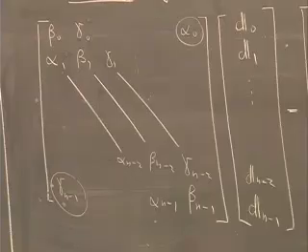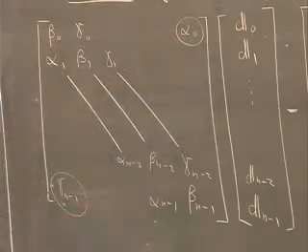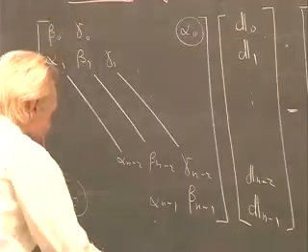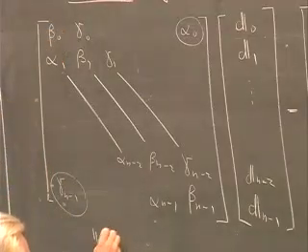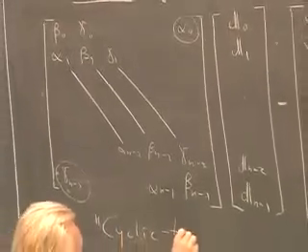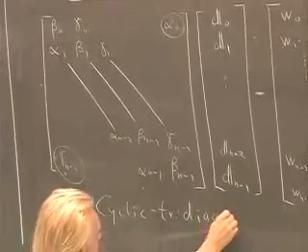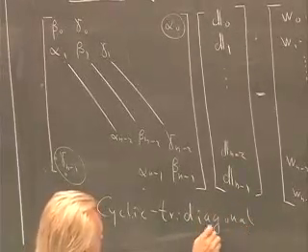So this is the so-called cyclic tridiagonal matrix. Okay, it is cyclic because these upper right and lower left corners have entries different from 0. So this is a cyclic tridiagonal system.